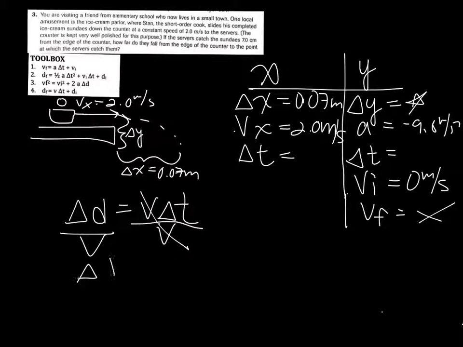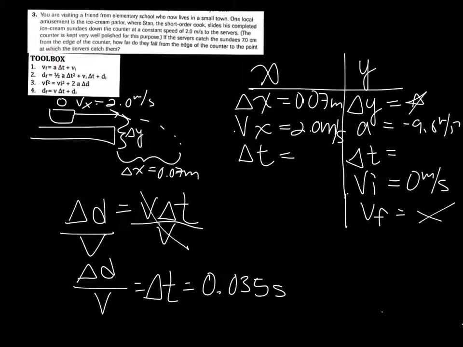Delta d over v is equal to delta t. Plugging in, 0.07 divided by 2 gives me 0.035. Very small amount of time.